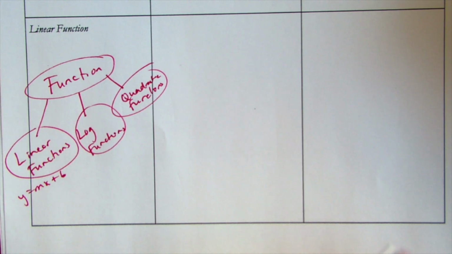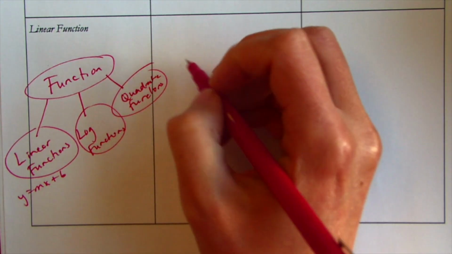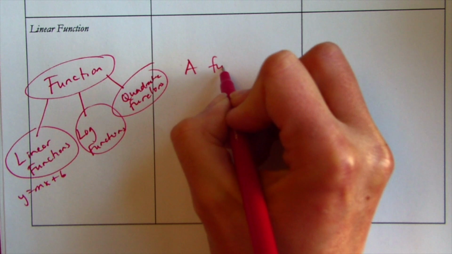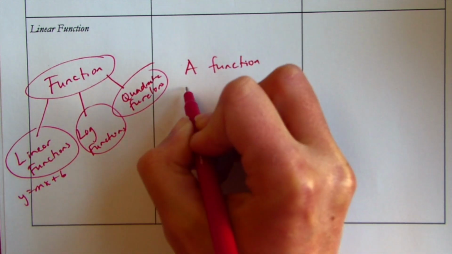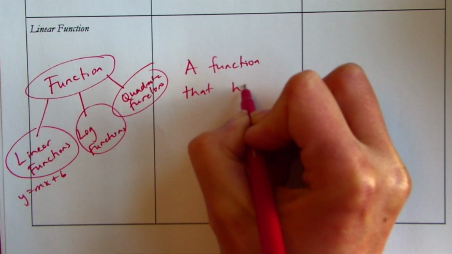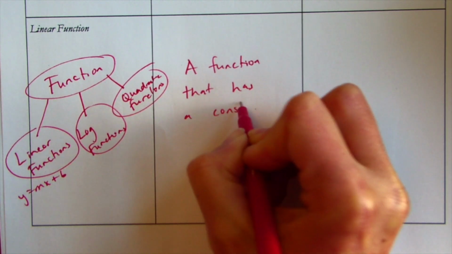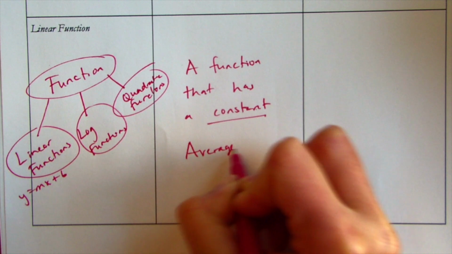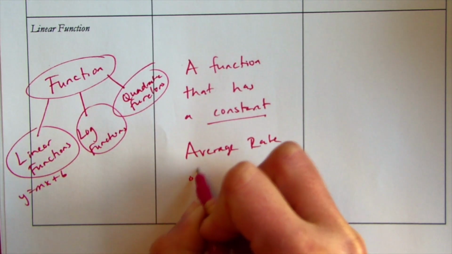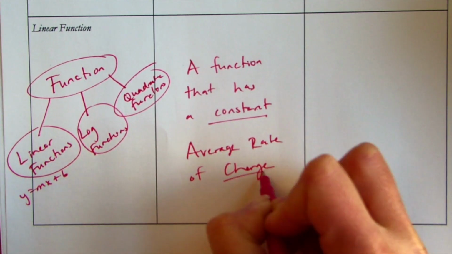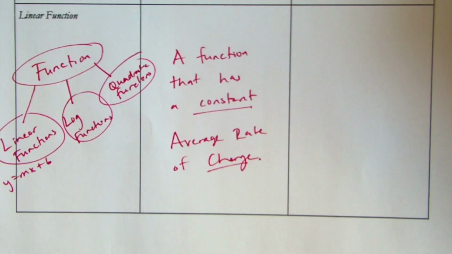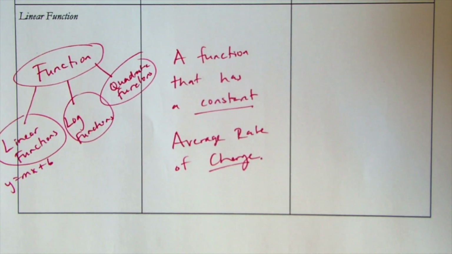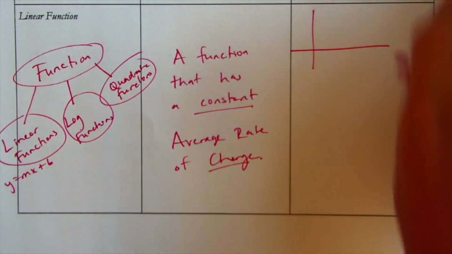Okay, so linear function, we defined it as a function that has a constant average rate of change.